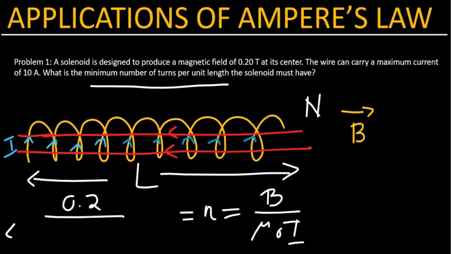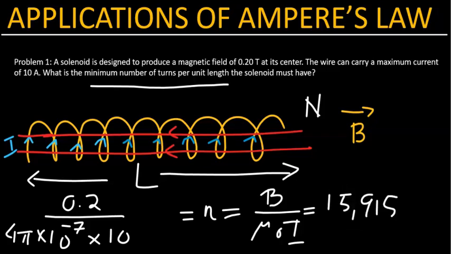Mu naught is 4 pi times 10 to the power minus 7 Tesla meter per ampere. And the current itself is 10 ampere. And this results in 15,915 turns per meter. And that's the answer.